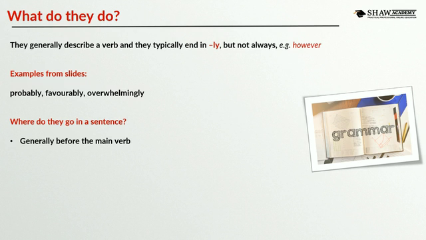Generally before the main verb, but not always. Okay, so usually an adverb will come before the action verb. Okay, but not always. Sometimes they come at the start or at the end of the sentence also. So it depends on the adverb.